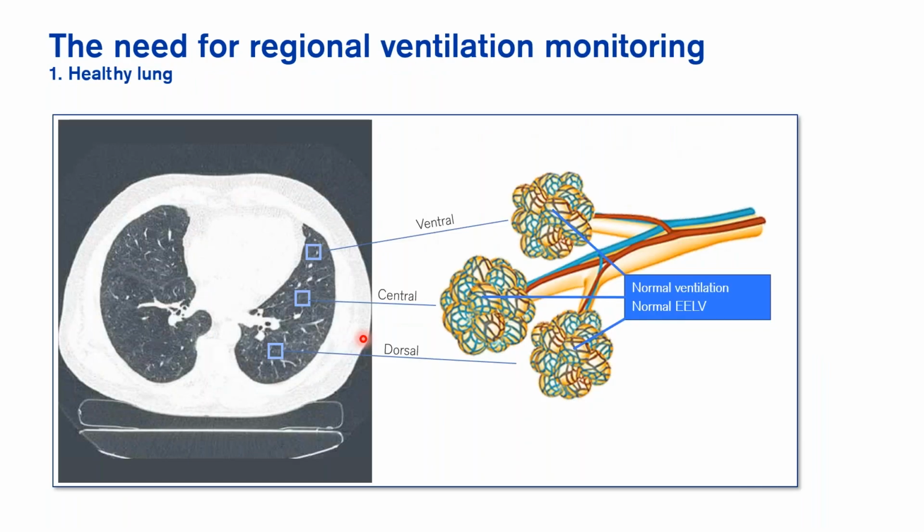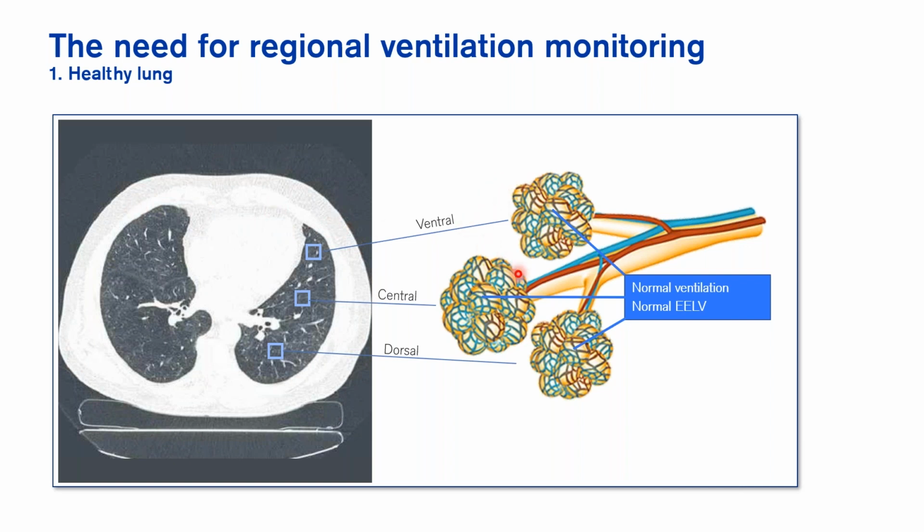So how does PulmoVista, or basically EIT, create images? Let's have a look at the healthy lung. Here we have the CT scan of the healthy lung.